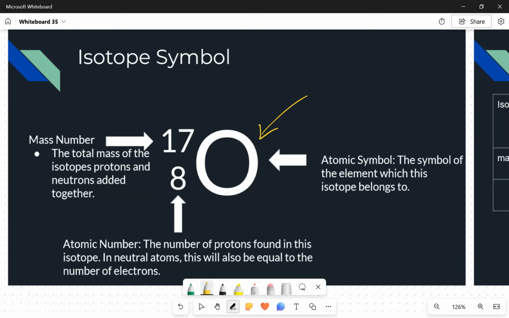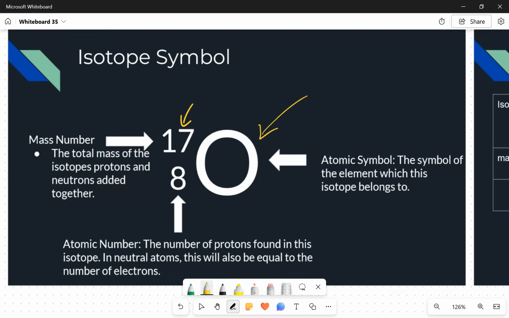So if we were to look on the periodic table for oxygen, we would find that the atomic number is in fact 8. Now, in addition to this, there's also another number right up here. And this number is the mass number. Remember, the mass number is the number of protons and the number of neutrons added together.